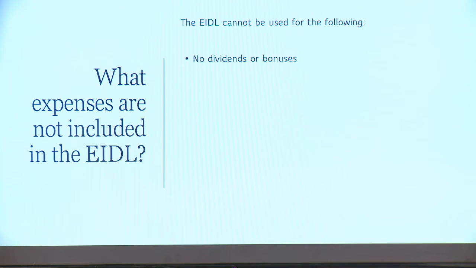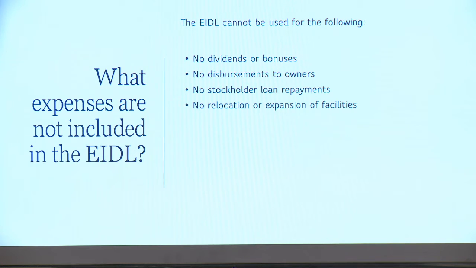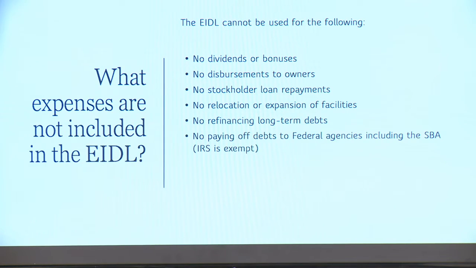No dividends or bonuses, no disbursements to owners, no stockholder loan repayments, no relocation or expansion of facilities, no refinancing long-term debts, no paying off debts to federal agencies, including the Small Business Administration, but the IRS is exempt, okay?